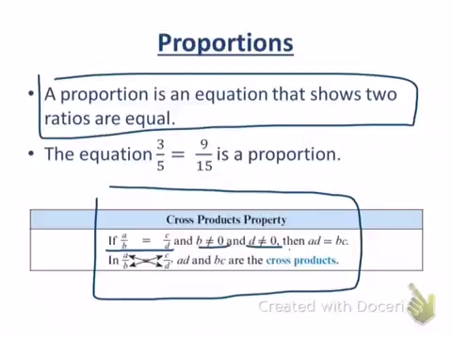In geometry, you'll talk about the means and the extremes. Do we need to write down the cross product? Yeah, I would write this first line for sure. If A over B equals C over D, leave out this part because that's understood at this point. Then AD equals B times C.